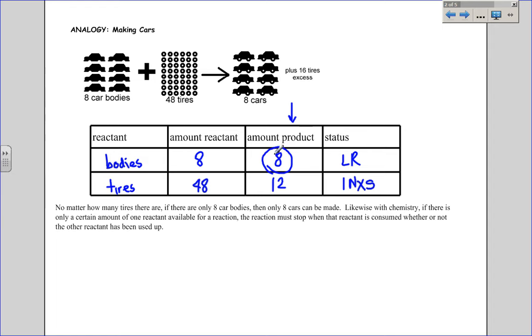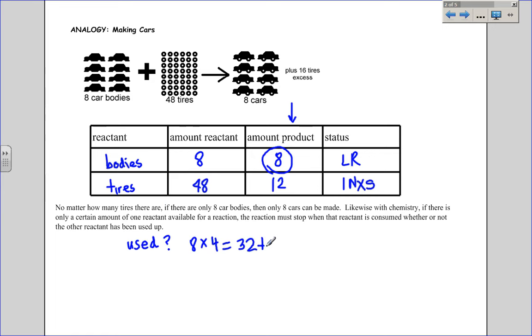What we need to do in this case is look at, first of all, how much have we used. We made 8 cars. To make 8 cars, we're going to need a total of 32 tires, because we need 4 tires per car that we make.